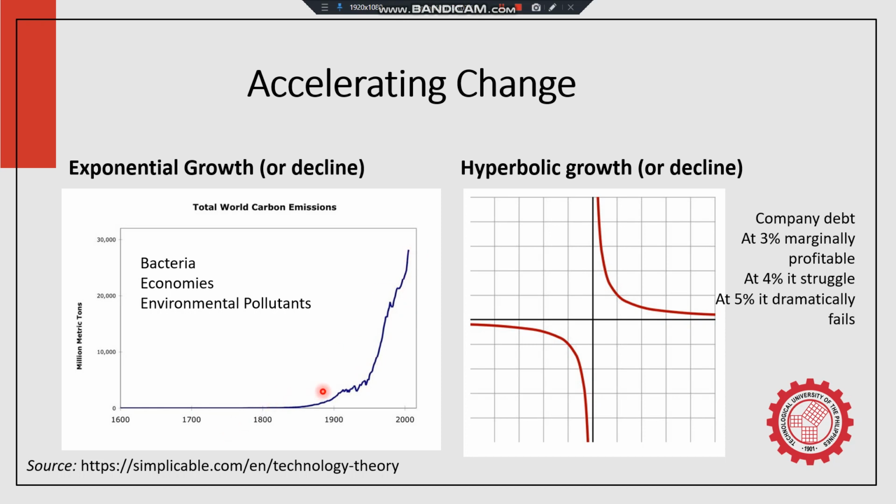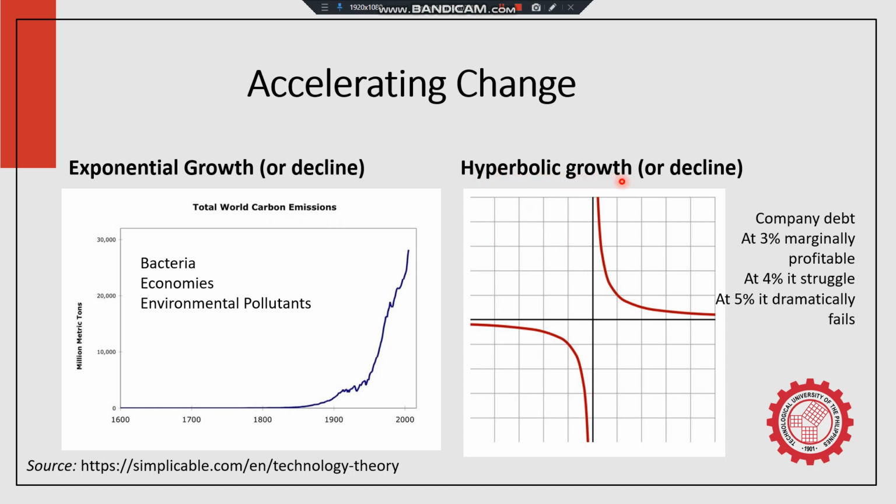This is an example of exponential growth. For an exponential decline, the graph would just be a reverse. It might start from a high level downwards. Other examples of exponential growth are the multiplication of bacteria, the increase or decrease in economies, and environmental pollutants, just like our example, the carbon emission.